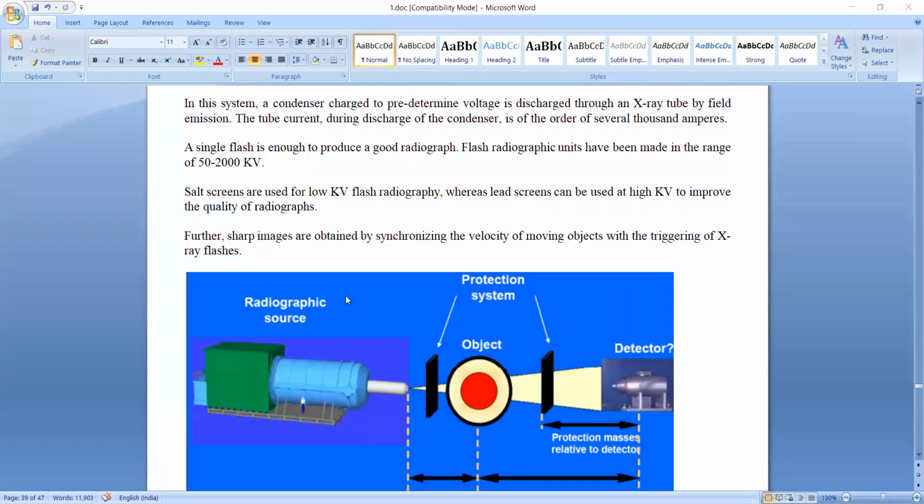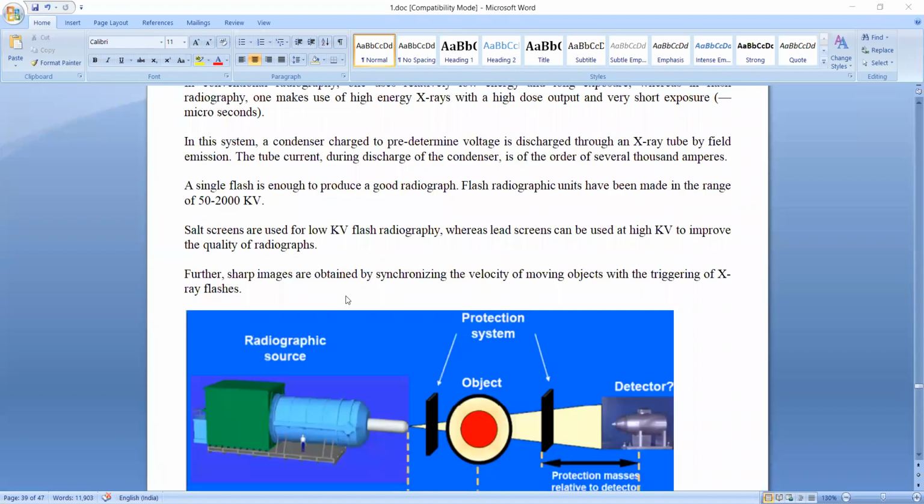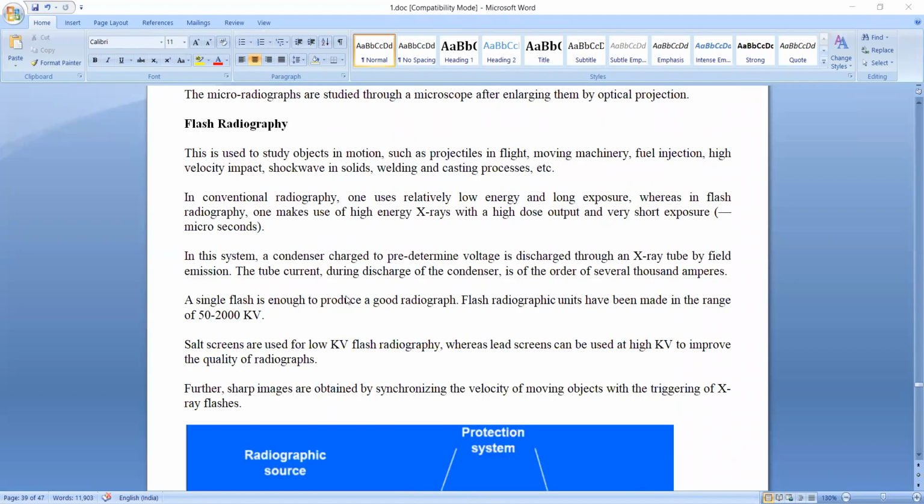I think you have discussed flash radiography, or not. I will repeat it once again. Flash radiography is used when you want to test a specimen under motion, because all other techniques are meant for objects in a stationary position.